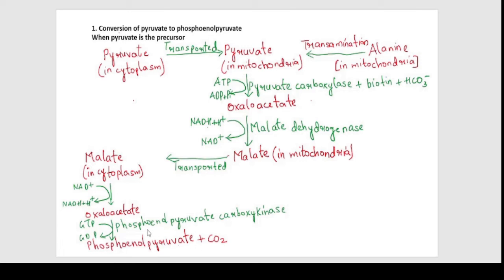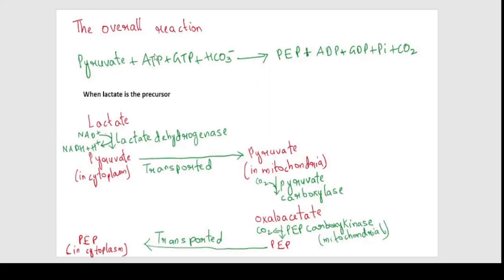This reaction is catalyzed by the enzyme phosphoenol pyruvate carboxykinase. In this reaction, 1 GTP is utilized. So the overall reaction is pyruvate plus ATP plus GTP plus HCO3 minus gives phosphoenol pyruvate plus ADP plus GDP plus inorganic phosphate plus 1 molecule of carbon dioxide.